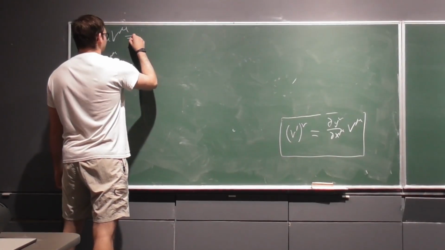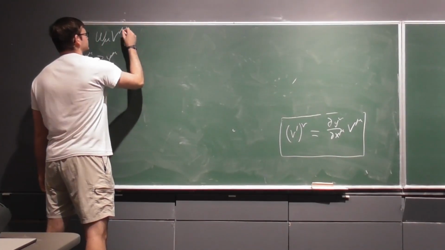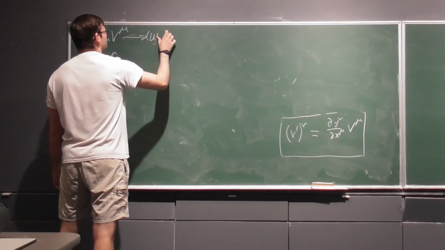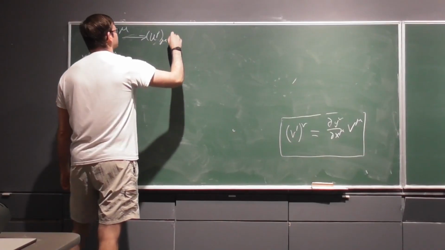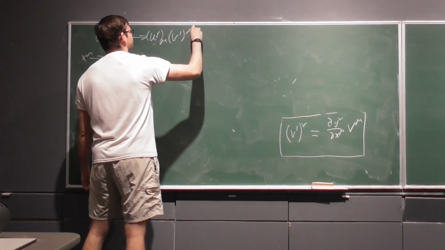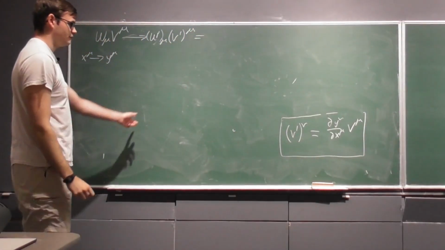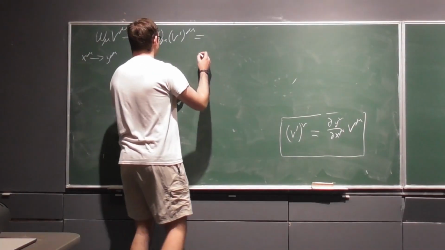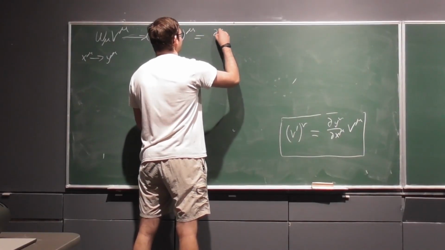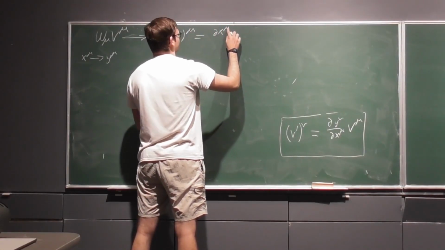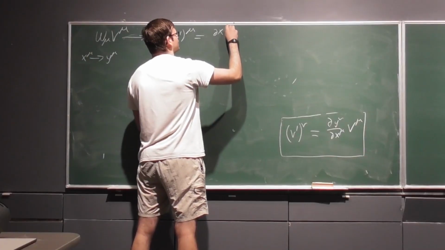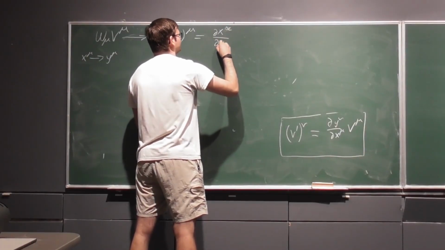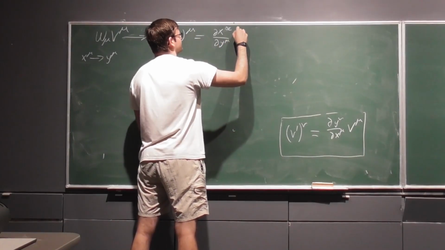Well, this is going to change quantity. It'll become W prime mu and V prime mu. We know what these are. We already calculated them. Okay? The W prime mu is the same as this, but remember I said it's inverse. So it's dx mu. Oh, we already used mu, so I'm going to call this alpha. dy mu stays the same.